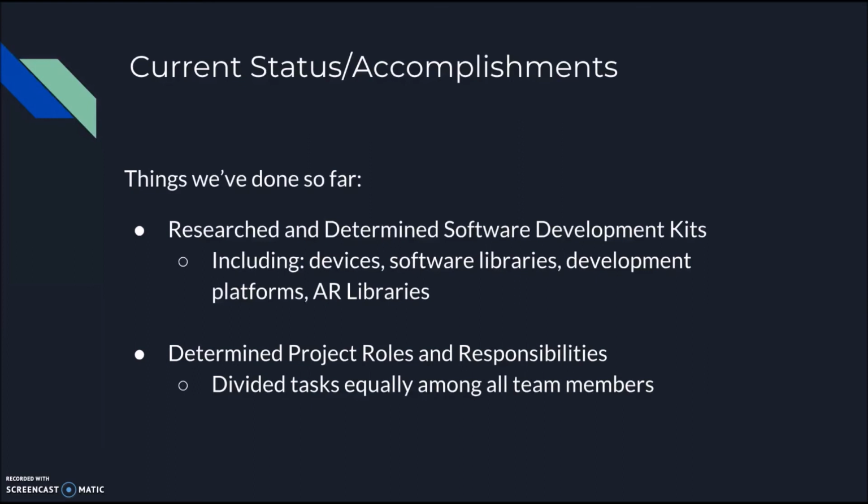The last piece here is development platforms and AR libraries. For development platform, we simply chose Unity. And by AR libraries, we're referring to the many out there, such as Vuforia, Wikitude, and Kudan, which is very popular as well. So we're determining which one of these would best suit our needs.